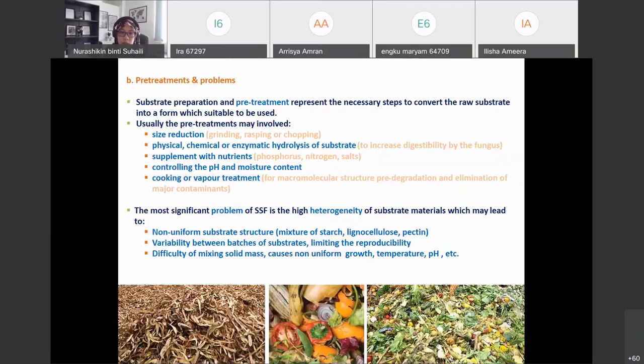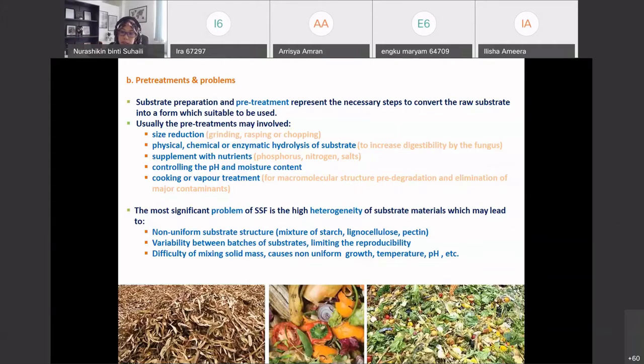Okay, so that's why you have to reduce the size in order to enhance the fermentation process. Make it into the smallest size possible, like the powderized form, compared to, let's say, the one that is not chopped, not cut into smaller size. It would be harder for the microbes to reach the substrates.